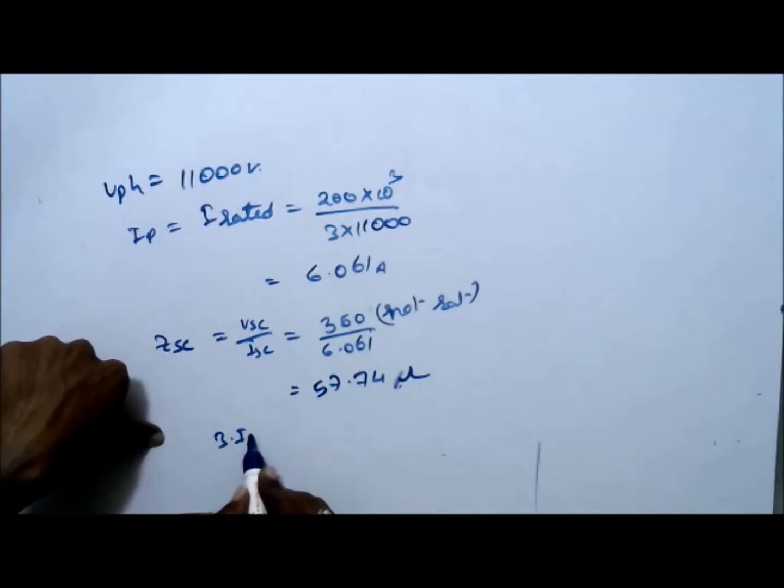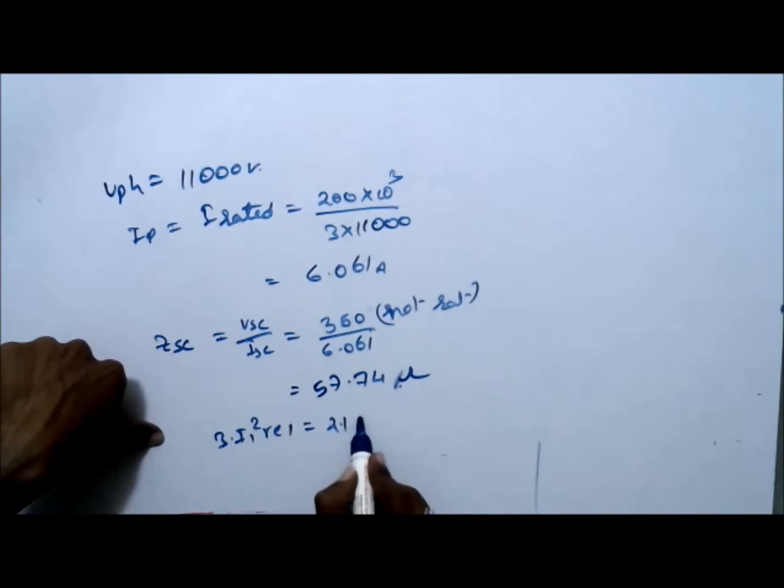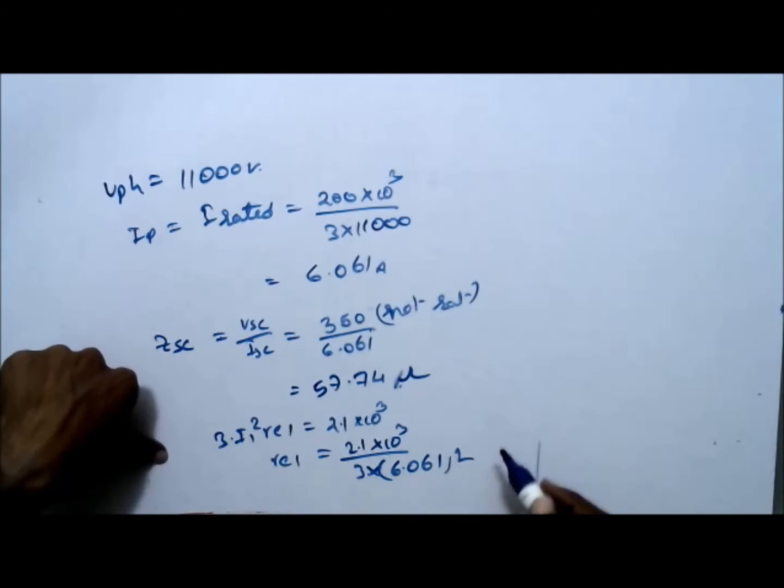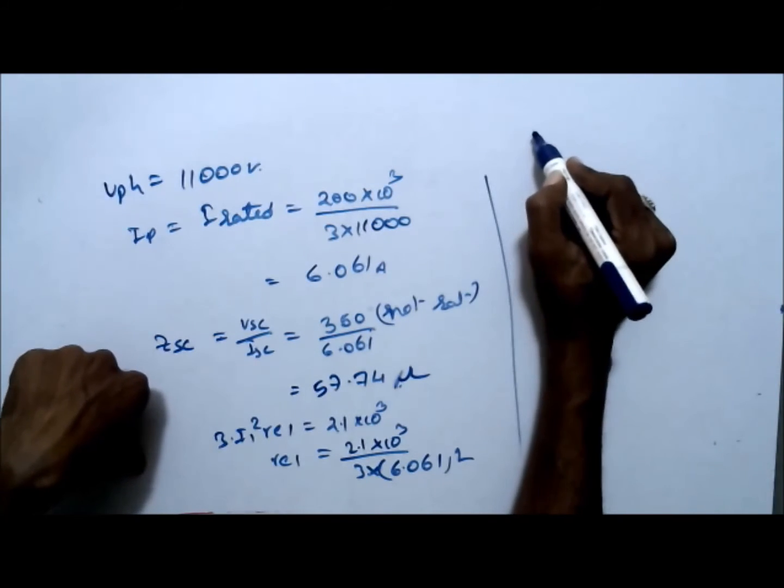Now calculate Re1. 3 into I1 square Re1 is equal to 2.1 into 10 power of 3. So Re1 is equal to 2.1 into 10 power of 3 divided by 3 into 6.061 whole square. What is the value of Re1?